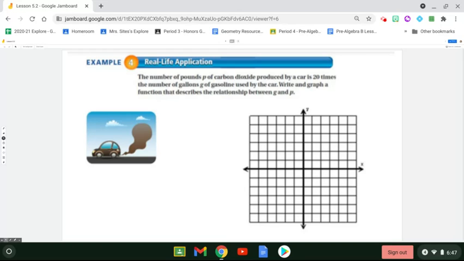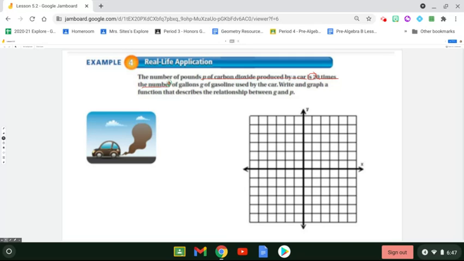Okay, so on this one here, let's underline some important details. The number of pounds P of carbon dioxide produced by a car, so that's important. I see the word is. I'm going to circle that. 20 times the number of gallons G of gasoline used by the car.